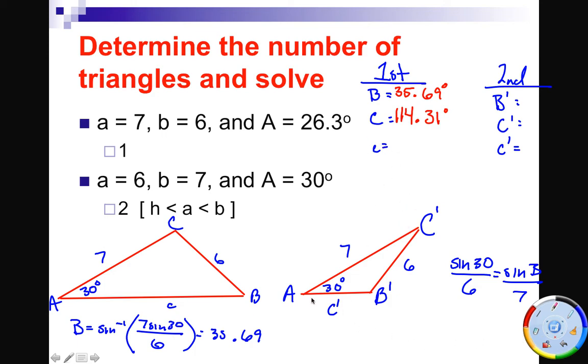And then to find little c, I say c over the sine of big C, using my answer button on my calculator, is equal to 6 over the sine of 30, which means c is 6 sine of big C over sine 30.